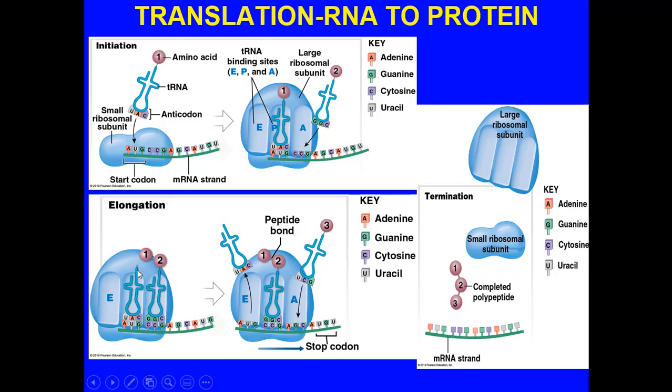The ribosome will move in a direction downstream, continuing to expose and read off the codons, and you will have the anticodons from the transfer RNA coming in, attaching and also donating another amino acid until you come to termination. And that's when everything falls apart again.